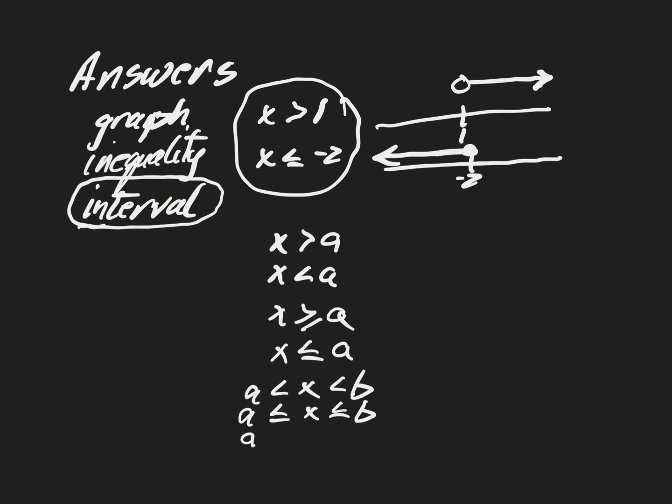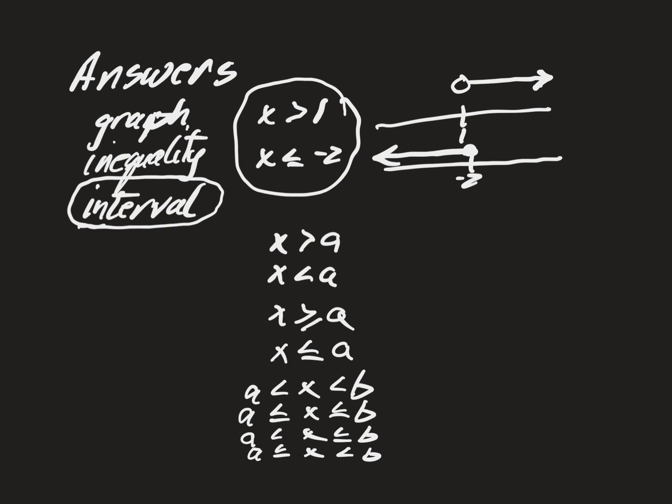And then we could have what we call half open: a is less than x, less than or equal to b, or a is less than or equal to x is less than b. So there are essentially 8 situations here in terms of interval notation.